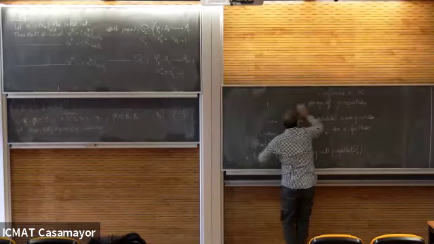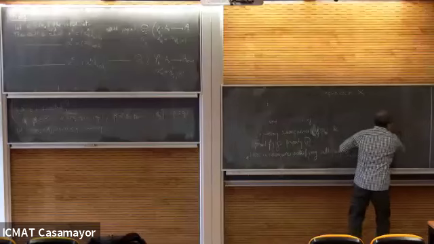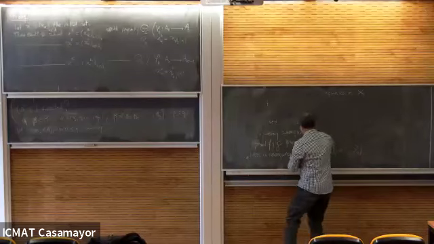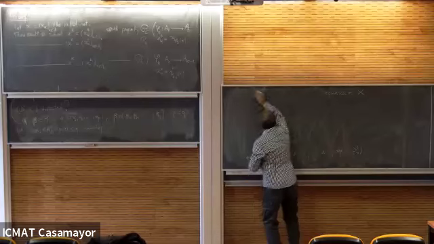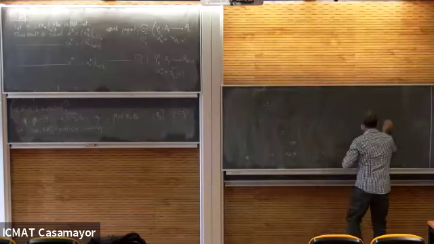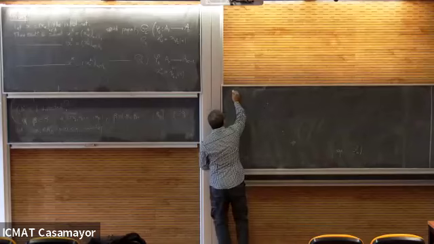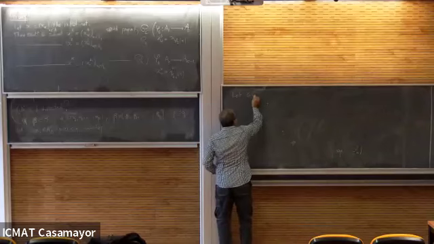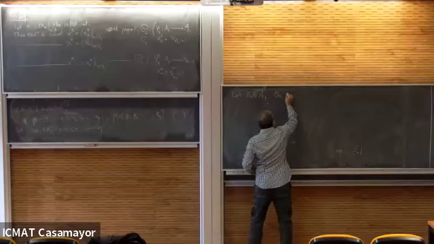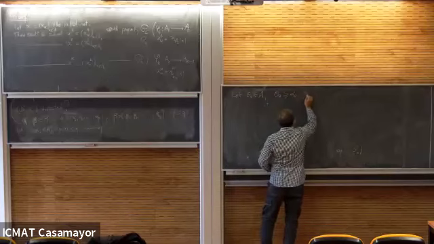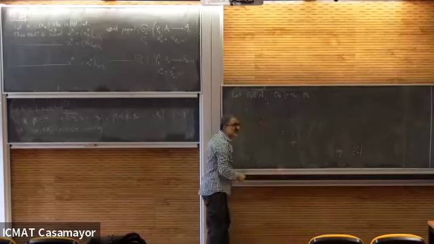Now I will use the fact that every set is directed. So I can choose theta 0 in A such that theta 0 is more or equal than alpha 0 and beta 0. This is possible because A is directed.